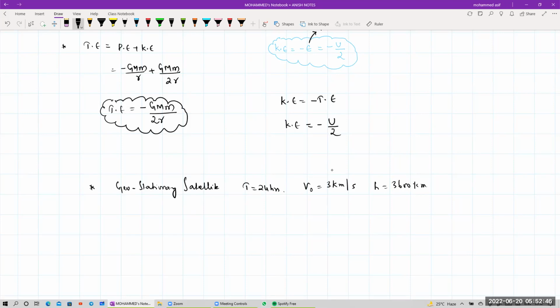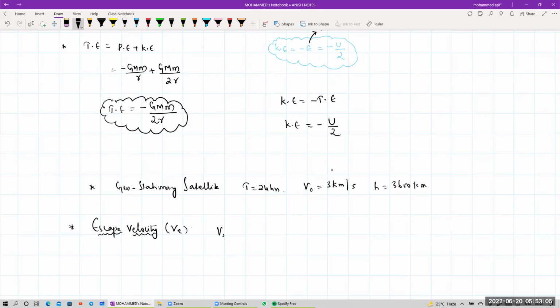And the last one is escape velocity, represented by VE. It is the velocity with which a body should be moved so that it will escape the surface of the earth.